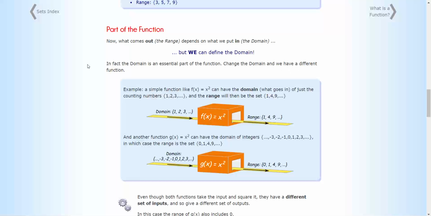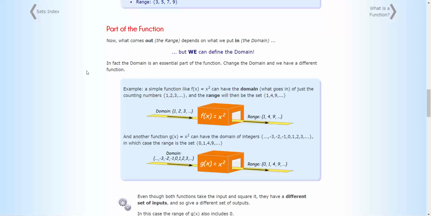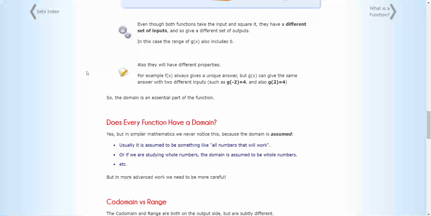Change the domain and we have a different function. In simpler mathematics we never notice this because the domain is assumed, usually all numbers that will work, or if we're studying whole numbers, whole numbers, and so on. But in more advanced work, we need to be more careful about the domain.